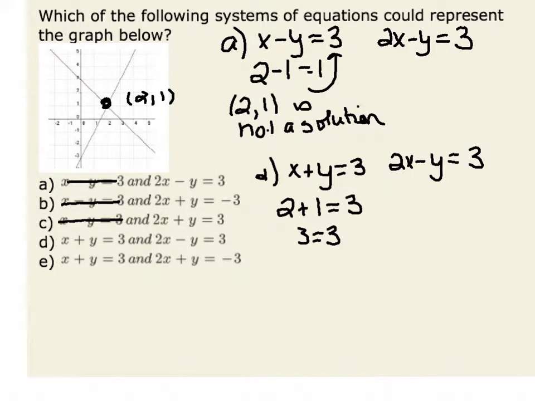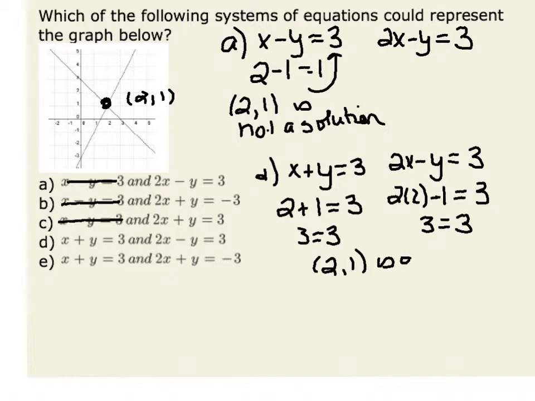Let's check to see if 2, 1 is a solution to our second equation in that system. Again, I will substitute x equal to 2 and y equal to 1. I have 4 minus 1, which also verifies that 3 is equal to 3. Therefore, 2, 1 is a solution to this system of linear equations.